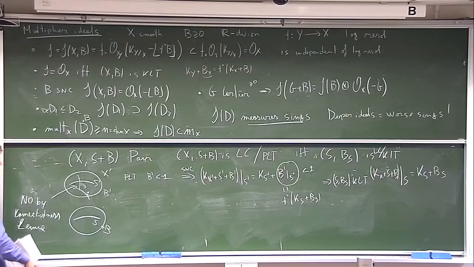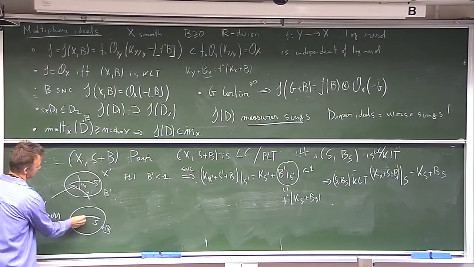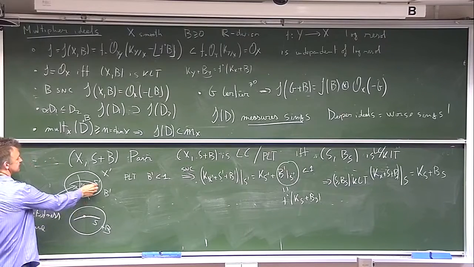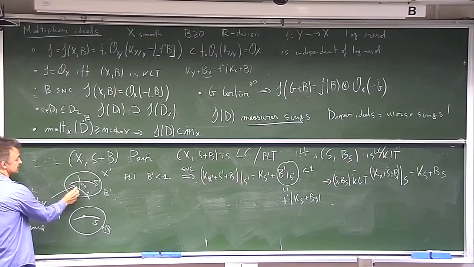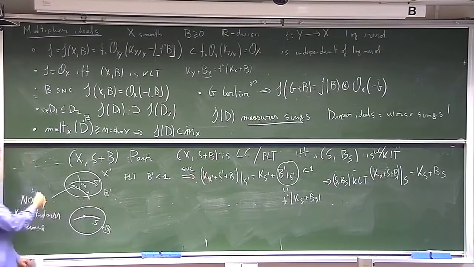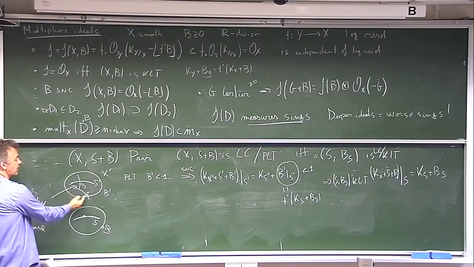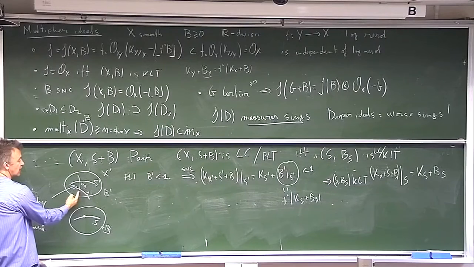Well, you see, in this situation, you have a point down here, and when I look at the fiber over this point, it intersects something of coefficient 1, namely S prime. It intersects something else of coefficient 1, this component that I'm imagining to exist. And so there must be other components of coefficient 1 which actually connect with S prime.